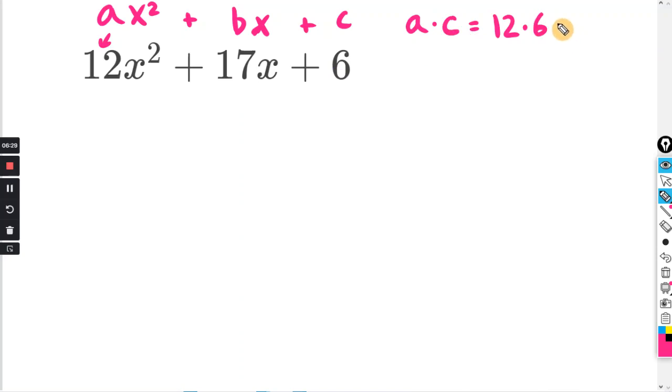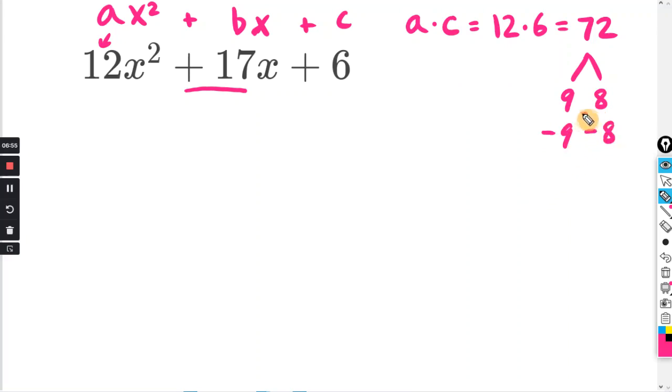So 12 times 6 is 72. We're going to write out the factors for 72, and we can stop when we find a pair that adds to positive 17. All right, so 72, 9 times 8, and negative 9 times negative 8 both work. Okay, and I think that's it.